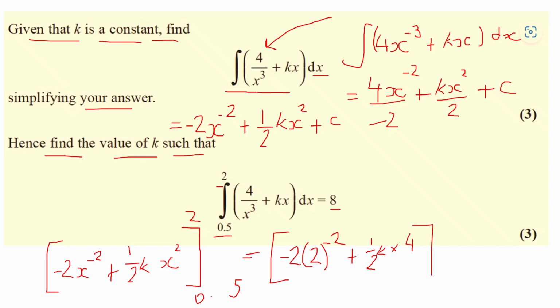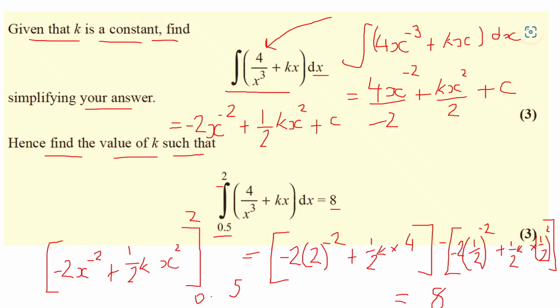Subtract, in this bracket here, minus 2 brackets a half to the minus 2 plus a half k times a half squared. Now when we do this subtraction, we're going to get the answer to be equal to 8. So we're obviously going to form some equations.